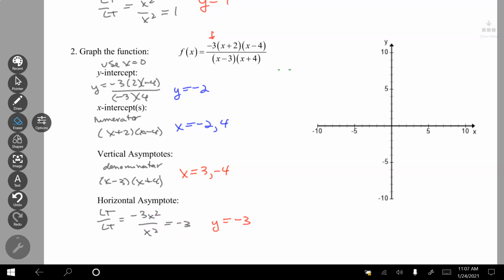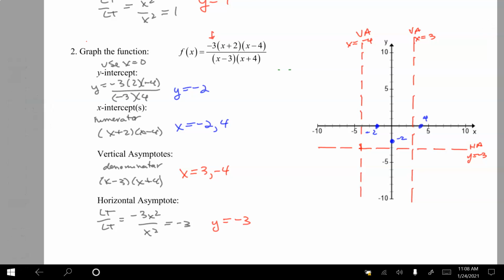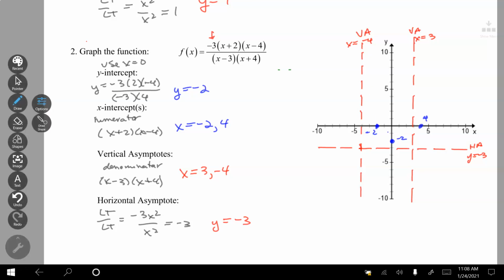And I'm going to graph these features. So I have all my features graphed. The blue dots are the intercepts, and the VAs and HAs are the red dashed lines. So I'll do the middle part first. So this middle part, to go through these 2 dots, I have to be up at infinity next to this VA, x-intercept, y-intercept, down to -infinity.